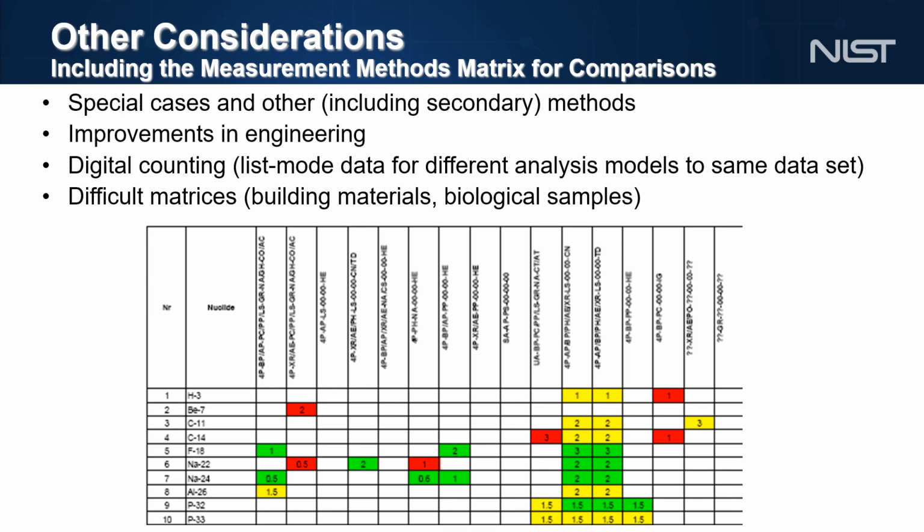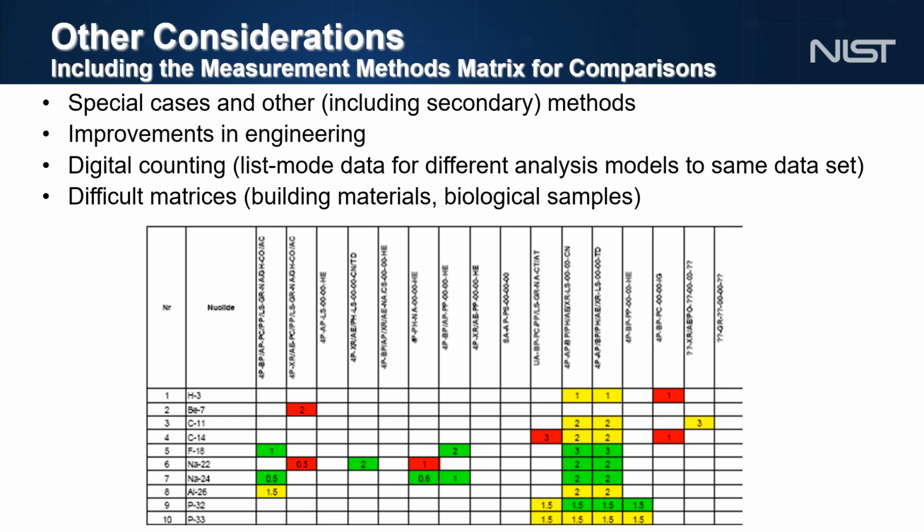Complicated matrices such as building materials or biological samples require special approaches to be addressed, including sample preparation and alternative techniques of measurement. Digital counting has expanded the ability to apply different analysis models and measurement parameters to the same data set to improve results and estimate uncertainties.